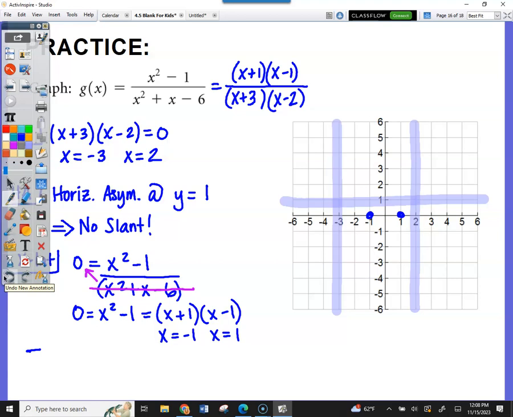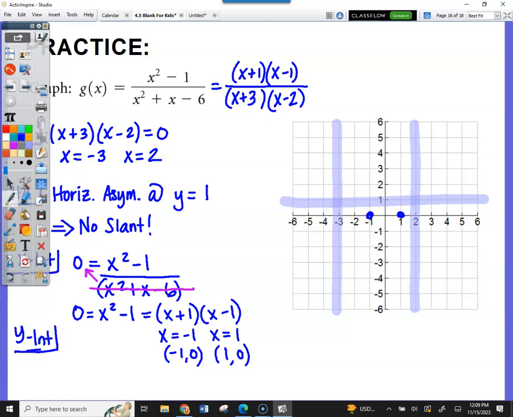Before lunch, we were finding the x-intercept. Replace f of x with 0, cross multiply, the denominator is going to disappear. The numerator in factor form looks like that. Those are the x-intercepts. As coordinate points, it would look like this. Now we have to find the y-intercept.